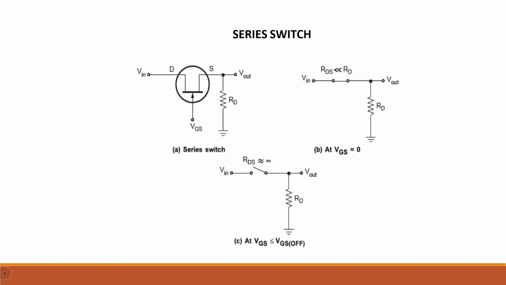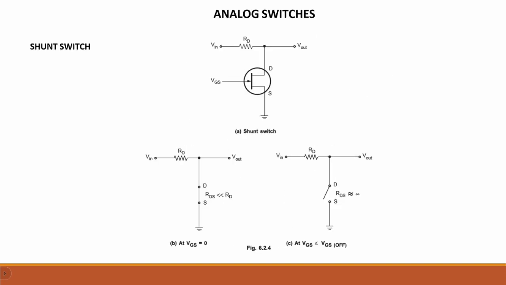In the shunt switch, we connect a FET transistor in parallel with the resistor RD. By giving 0 voltage to the gate, the FET turns on and we get Vout as 0, while giving a more negative voltage to the gate terminal, the FET will be disabled and the Vout output is equal to the input voltage.